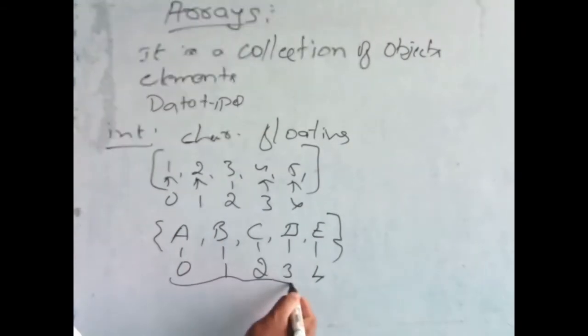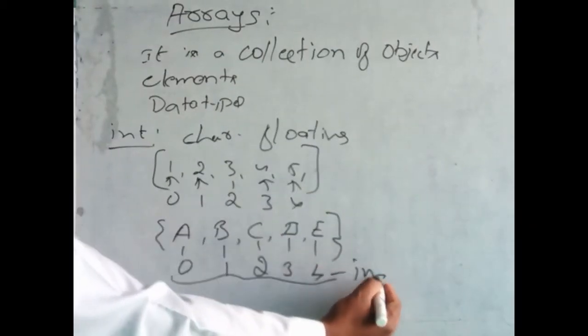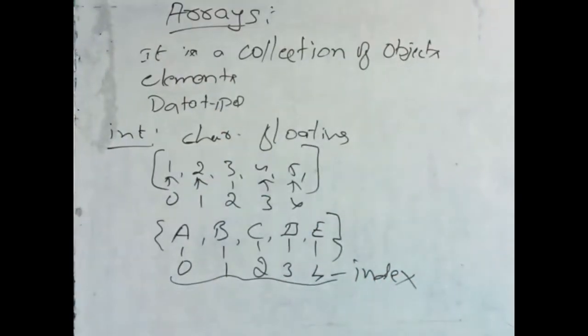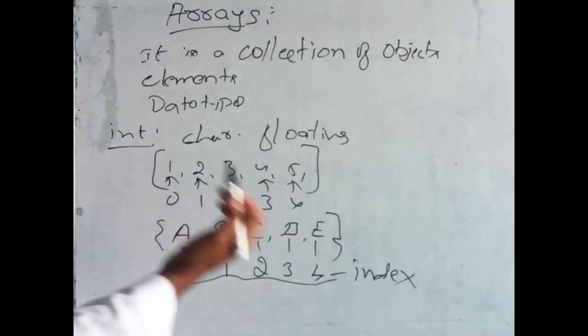These numbers we call the index. The index is used to find the position of a particular letter, to know in which position it is.